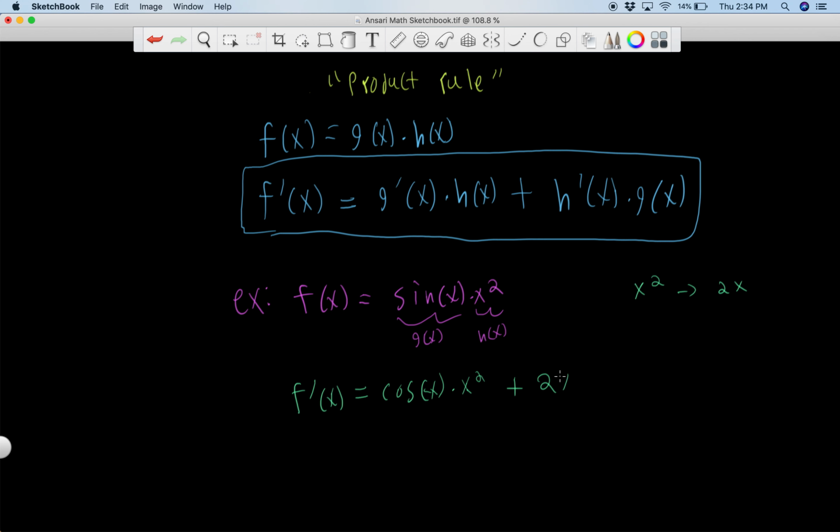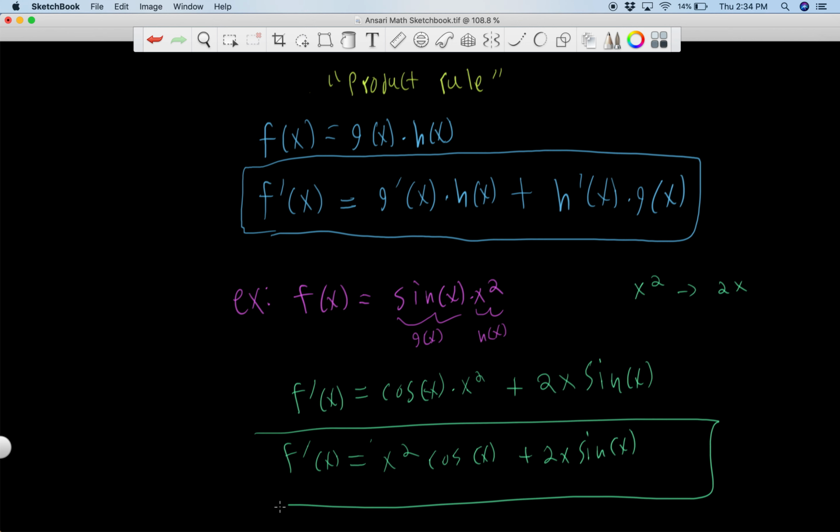So this is 2x times the regular function g of x, so just sine of x. Now I guess we can do a little bit of reordering. We can write it as x squared cosine of x plus 2x sine of x. And this right here is our derivative function for f of x.